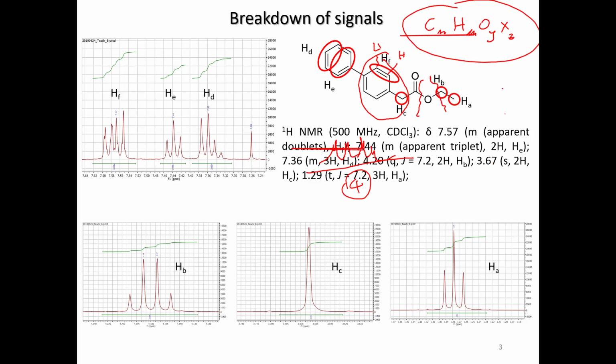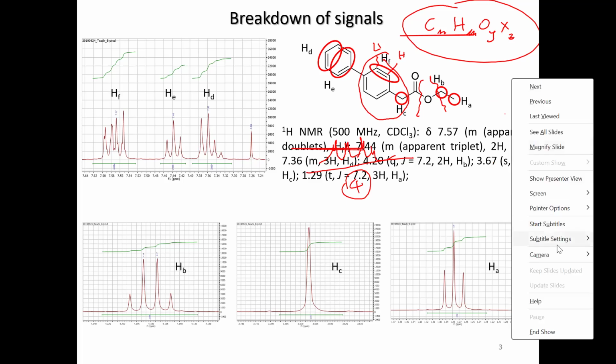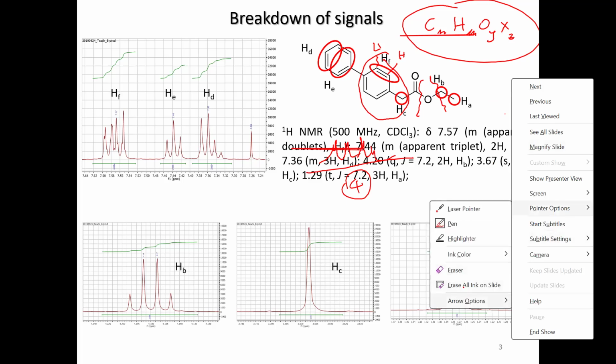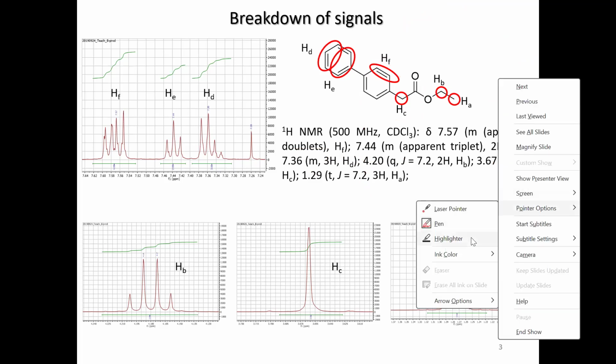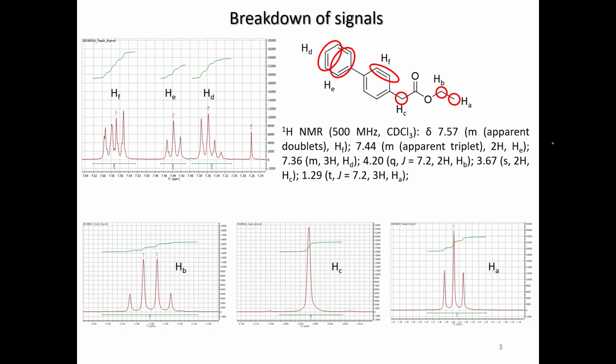This is if I cancel everything. This is how you should report your spectrum. In this case, of the 500 megahertz, you write CDCl3.